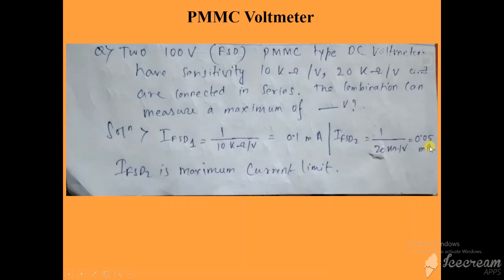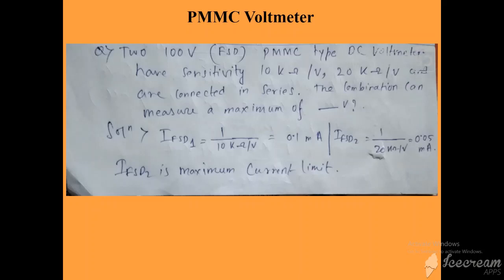So the combination can sustain only the smaller value of current. This instrument can go up to 0.1 milliamp, but if more than 0.05 flows, the other instrument will surely get damaged, right? So 0.05 milliamp of current will flow, that is for sure.